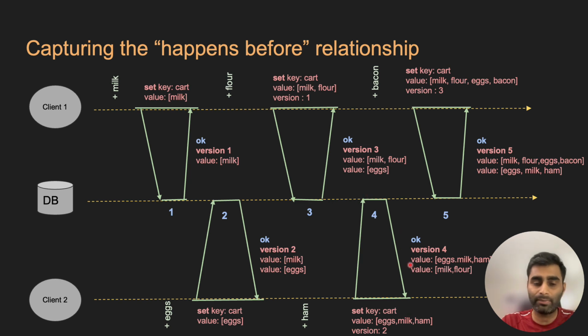The server will respond with an updated value and also a new version number, which is 4. Finally, client 1 wants to add bacon. It previously received milk, flour and eggs from the server at version 3. So it merges those values, adds bacon, and sends it to the server. The server will merge all the values that it has, and it will send the updated version number 5 to the client.